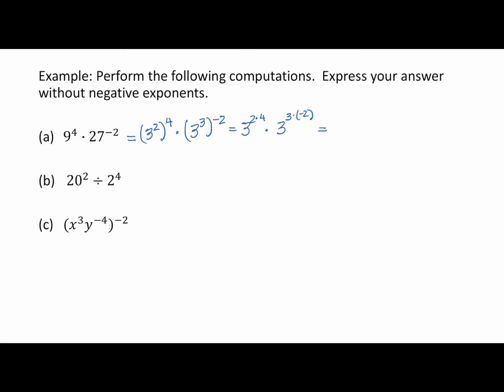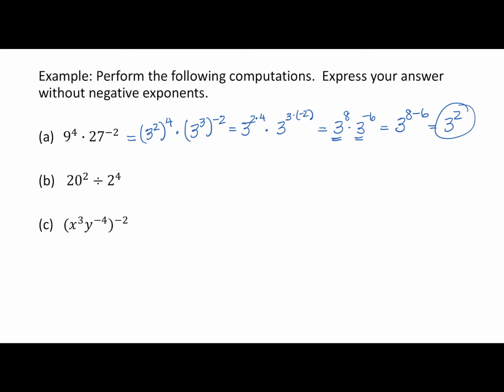I have 3 to the 8th times 3 to the negative 6. And our rule is if we have the same base, which we do, we can add those exponents. So I get 8 plus negative 6, or 8 minus 6, in the exponent. So 3 squared is my answer.